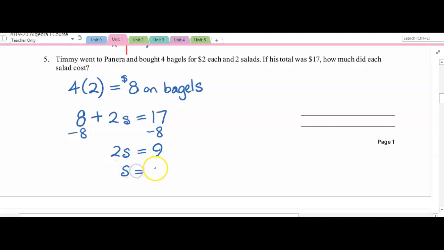So the cost of the salad must be $4.50. So our equation was 8 plus 2 times the variable, and then the salad was $4.50.